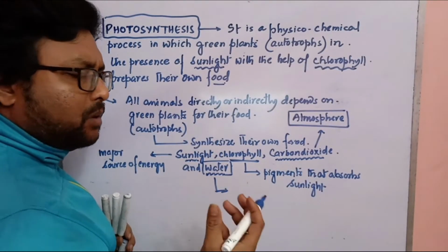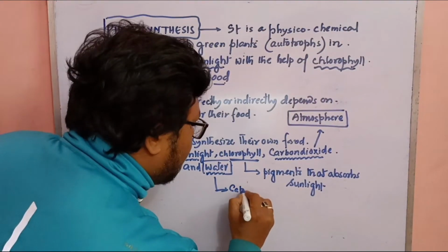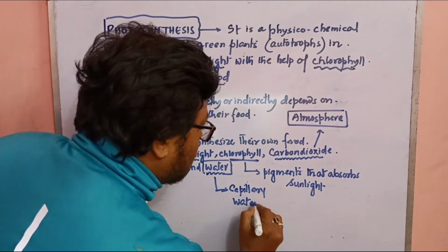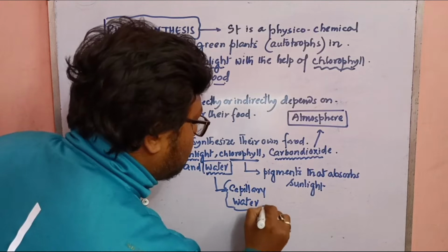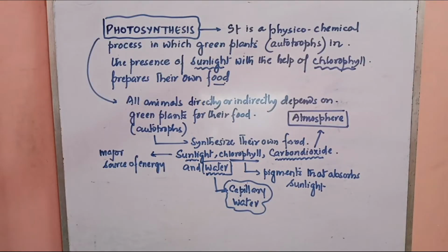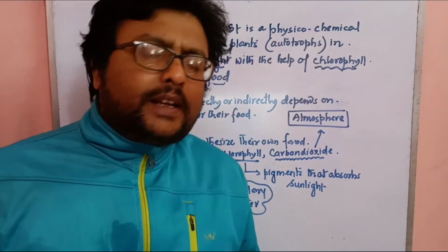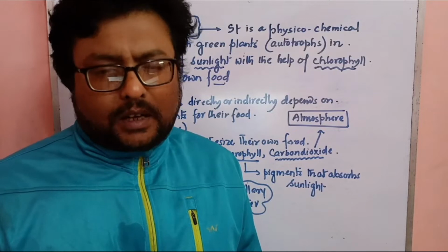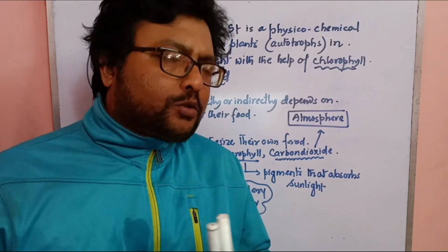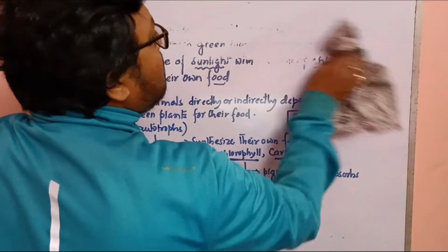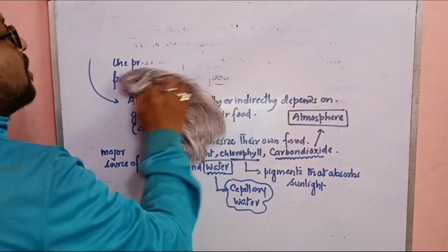They draw water from the environment. They utilize capillary water. Now, we'll find that several experiments were conducted by several scientists to demonstrate the process of photosynthesis. So let us discuss those experiments that were conducted in favor of photosynthesis.